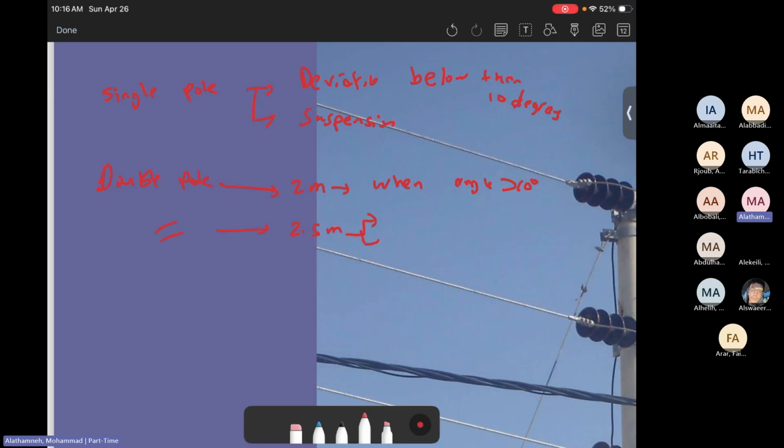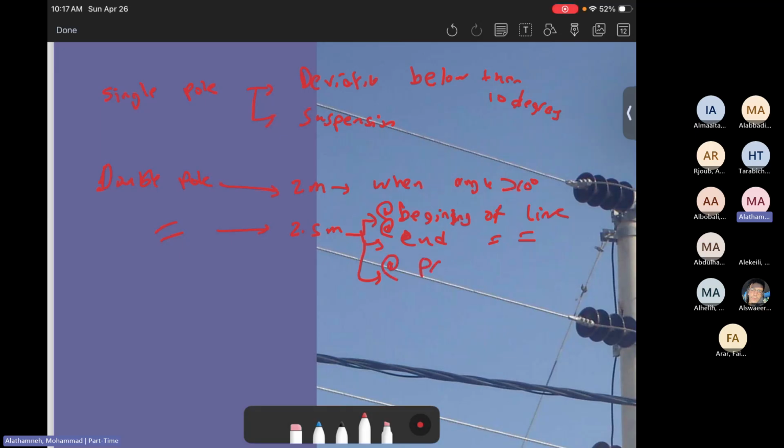It's used in three cases: at the beginning of the line, at the end of the line, or at the substation.